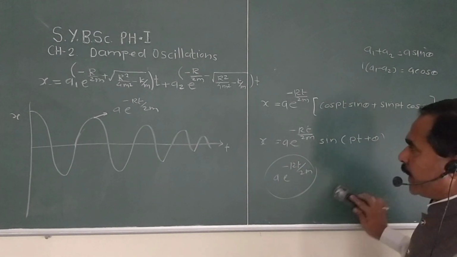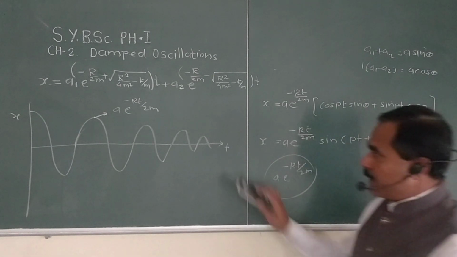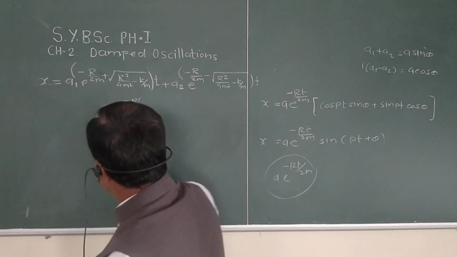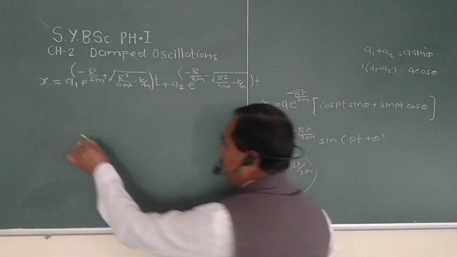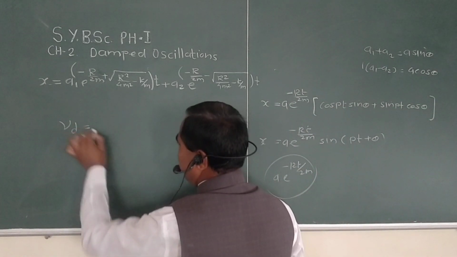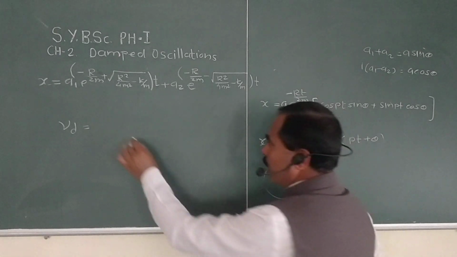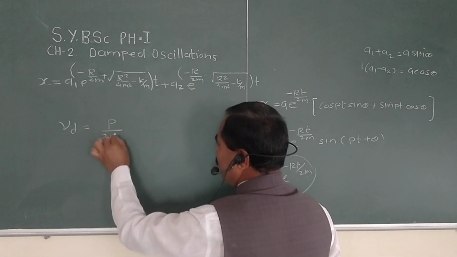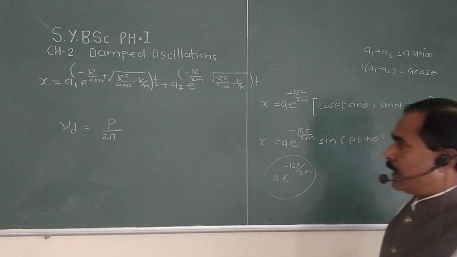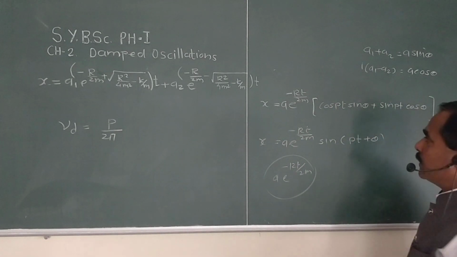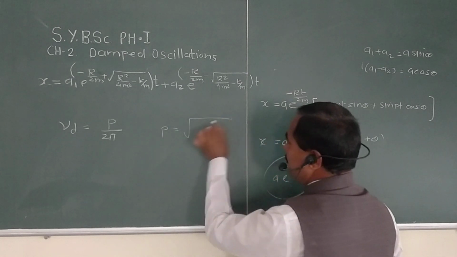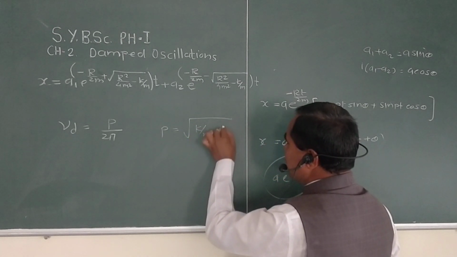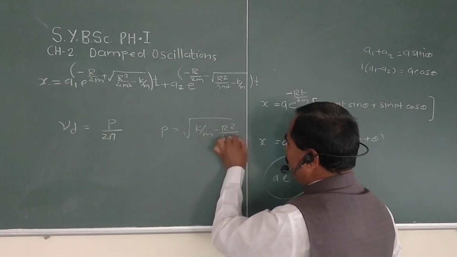Now next we consider the frequency of damping. The frequency of damping is given by nu d equal to P upon 2 pi. What is the value of P? The value of P is P equal to root K by M minus R square upon 4 M square.